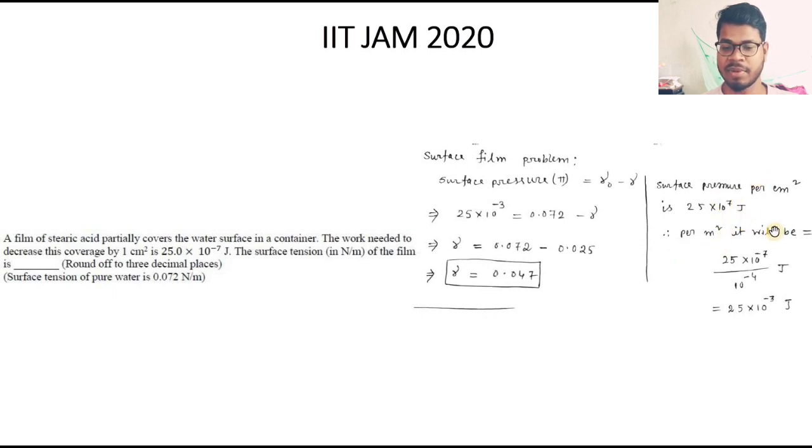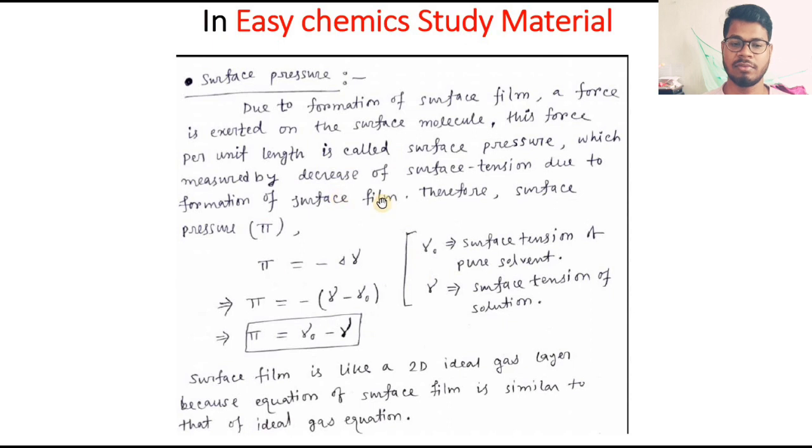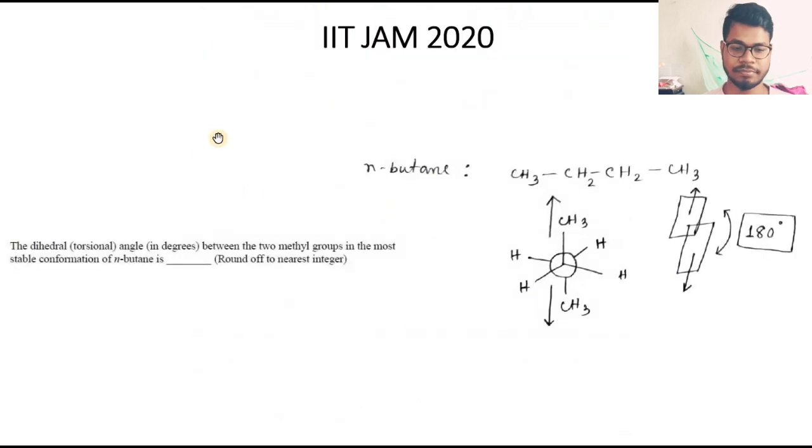So per meter square I have calculated, divided by 10 to the minus 4, and that gives this value in joule. So I have put the value in this section, surface pressure. Then gamma 0, that is for the pure solvent, is given. So I just need to calculate gamma for the solution. I have calculated this, and I got 0.047. This is the correct answer. This is not from liquid state, and this is the screenshot of my material from where the questions came.